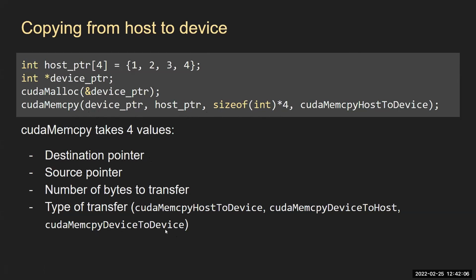You don't need to worry about this last one. It's for multi-GPU machines. And that is basically it for memcopy. I would need to add the size of the allocation to this CUDA malloc, so you can just ignore that for now. Any questions?